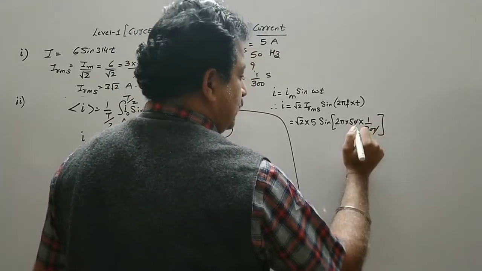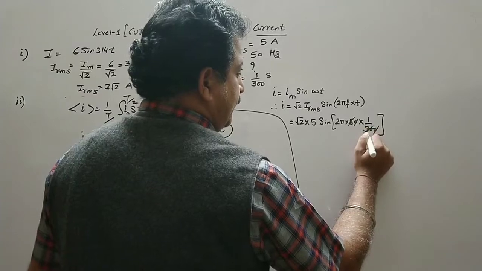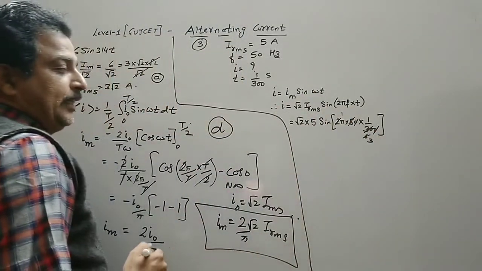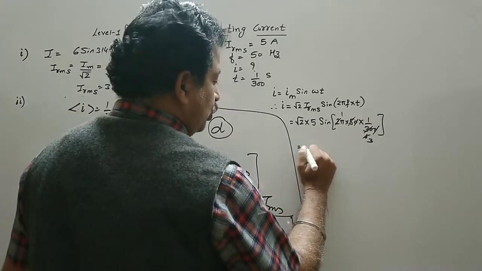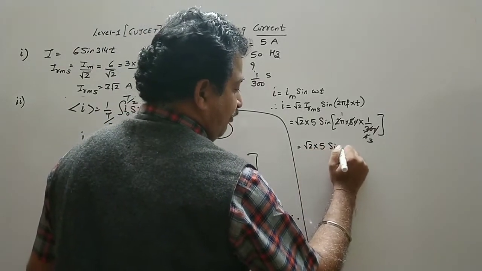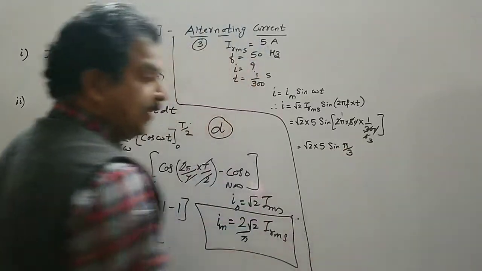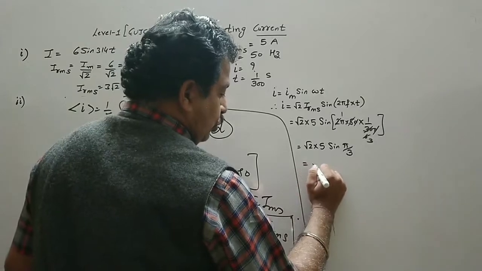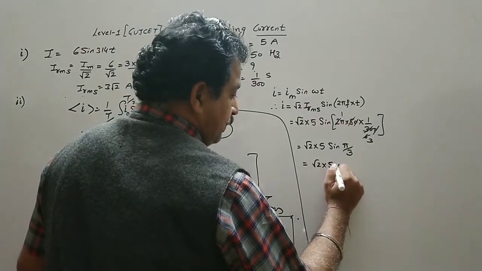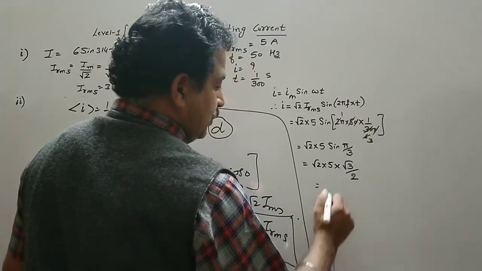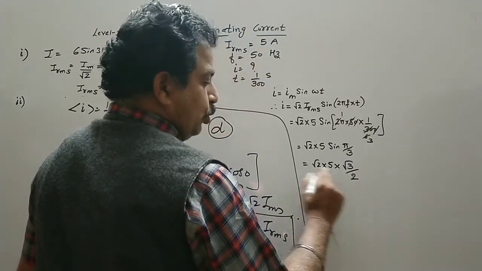So 0 0 cancel, 5 6 are 30, 2 1 are 2, 3. So that is pi by 3. So root 2 into 5 sine of pi by 3, that is sine 60, which is root 2 into 5 into sine 60 is root 3 by 2. So it becomes root 2 cancelled.